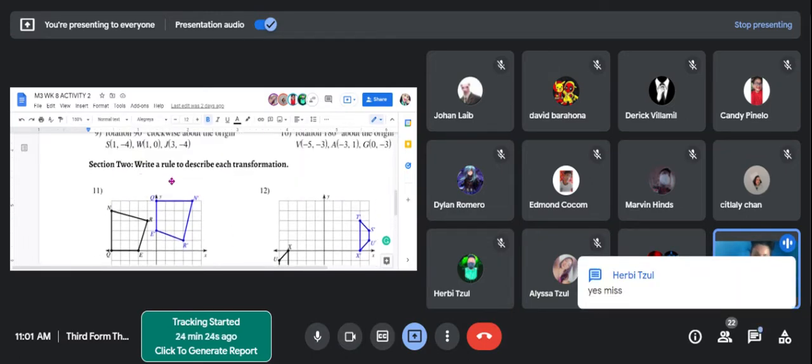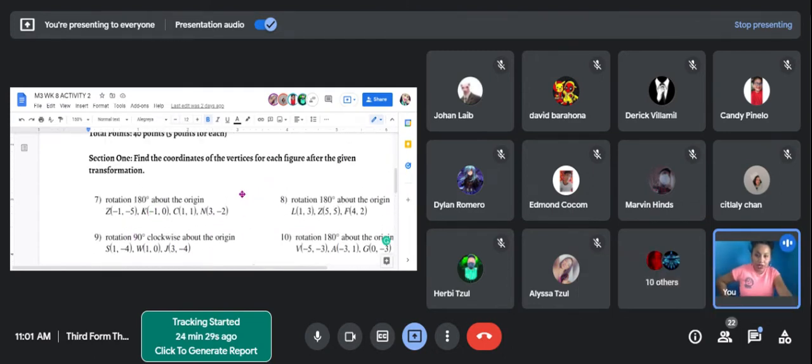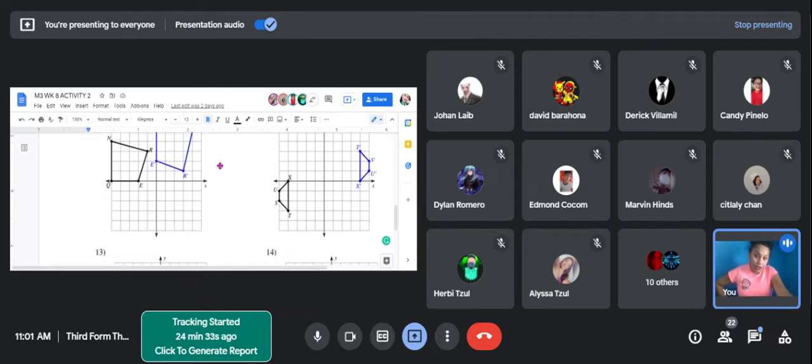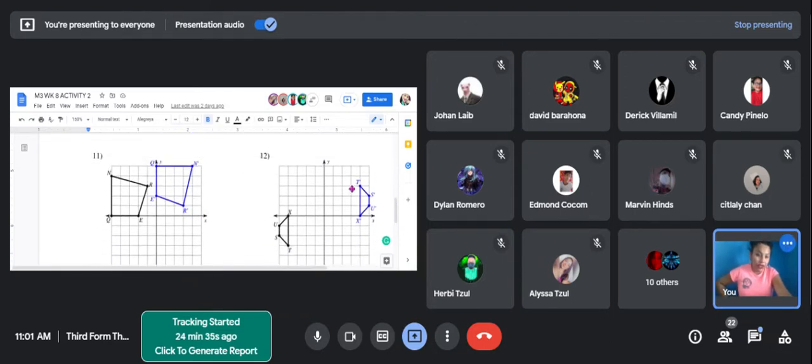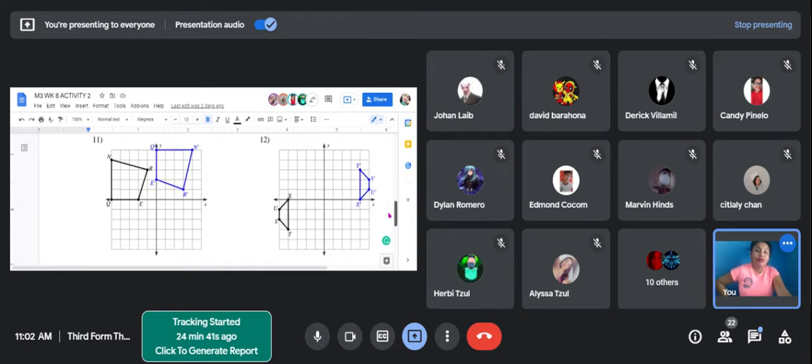Okay. This is the second part, which says write a rule to describe a transformation. These are the four that we just did that ask you for the coordinates. So now these are the transformations. Now we're going to work with number 11. We want to take a close look at this diagram. These are very, very easy to do, right? And I'm going to show you guys a trick on how to do this.